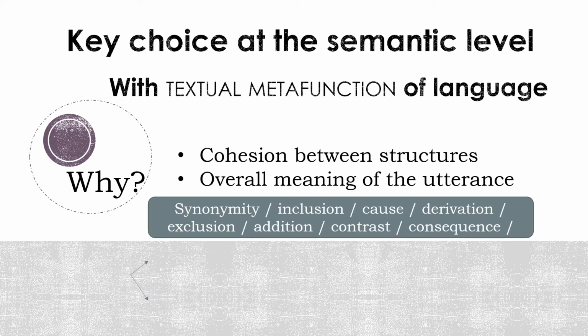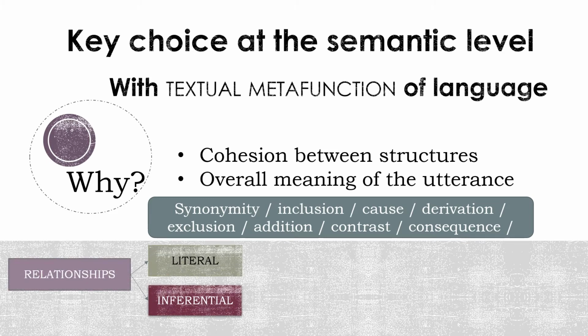Some of the meanings that are usually established between two units are meanings of synonymity, antonymity, inclusion, cause, derivation, exclusion, addition, contrast, or consequence. Well, the meaning relationship between two tone units is sometimes literal.